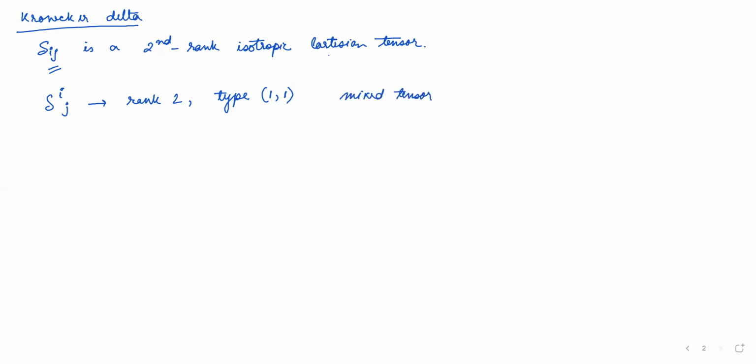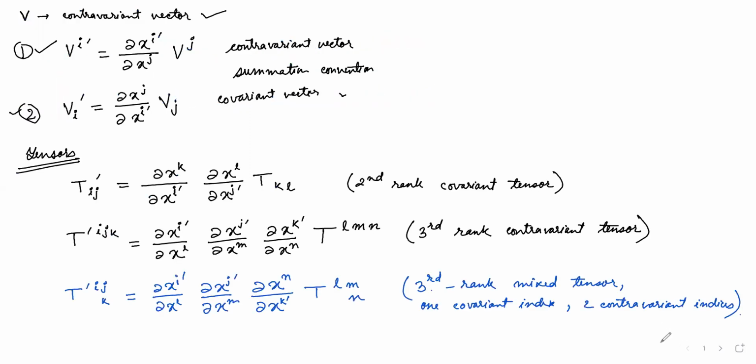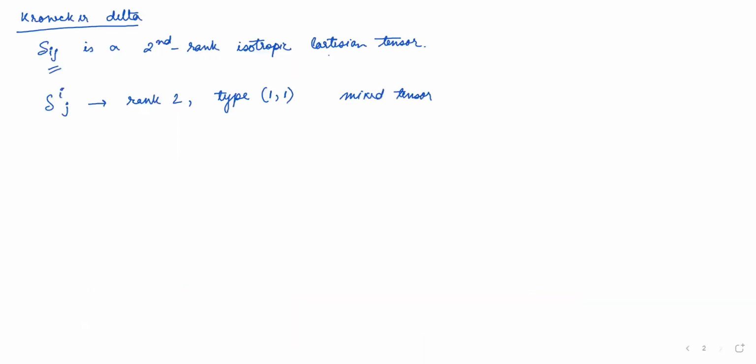Okay, so in our last slide here, we saw that this is a mixed tensor, with a covariant index and a contravariant index. Similarly, in the formalism of general tensors, delta^i_j is actually a mixed tensor.